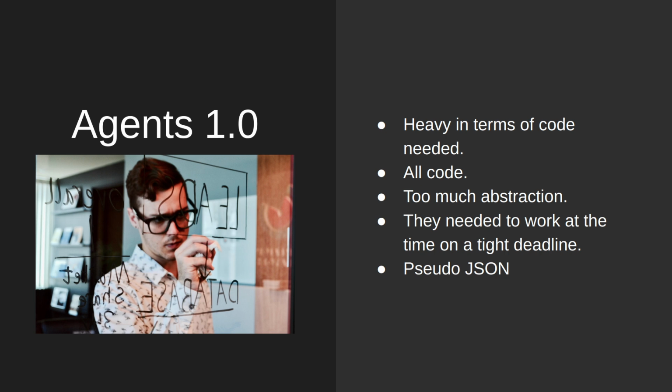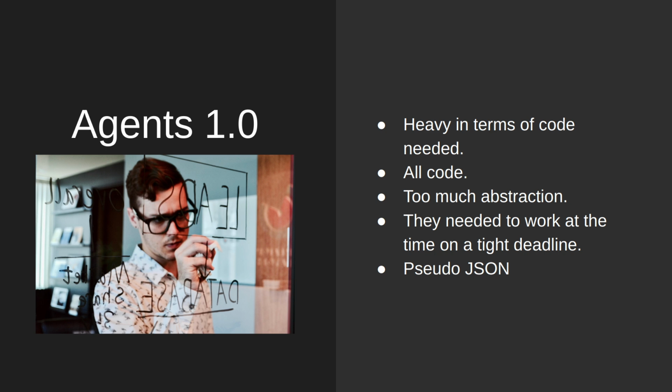So this is an assistant that talks to different agents, and these agents are what existed in 1.0 then. The problem with these agents is, one, they are extremely heavy in code.